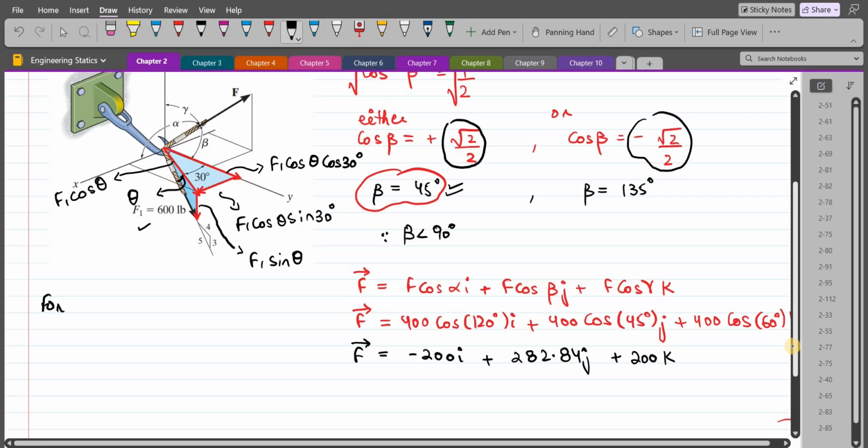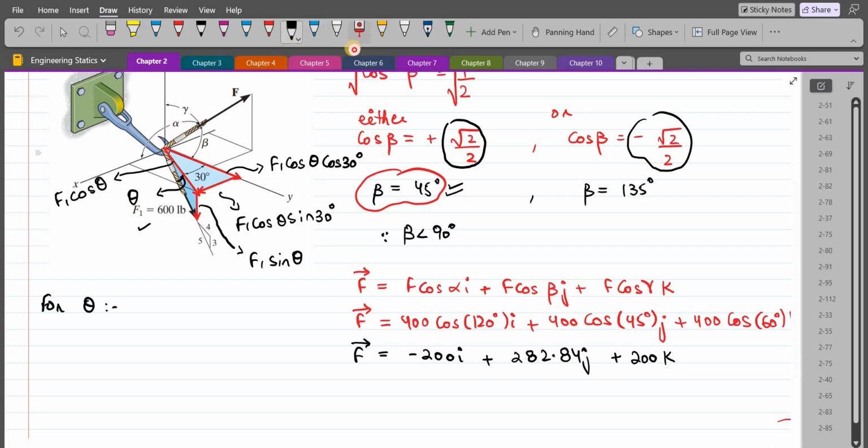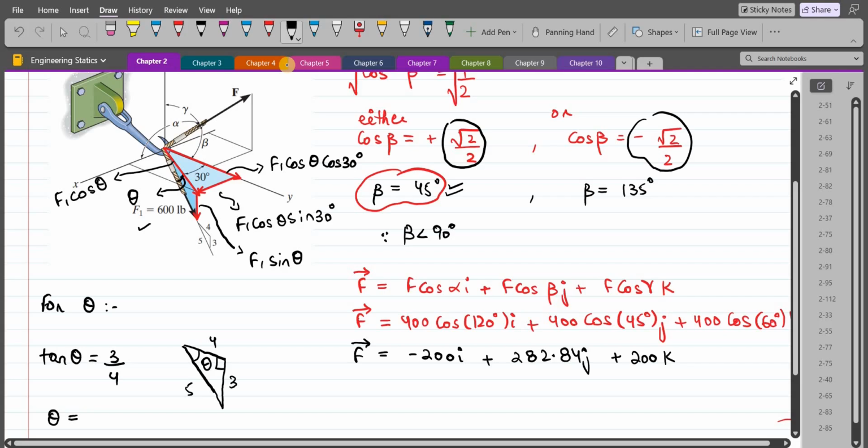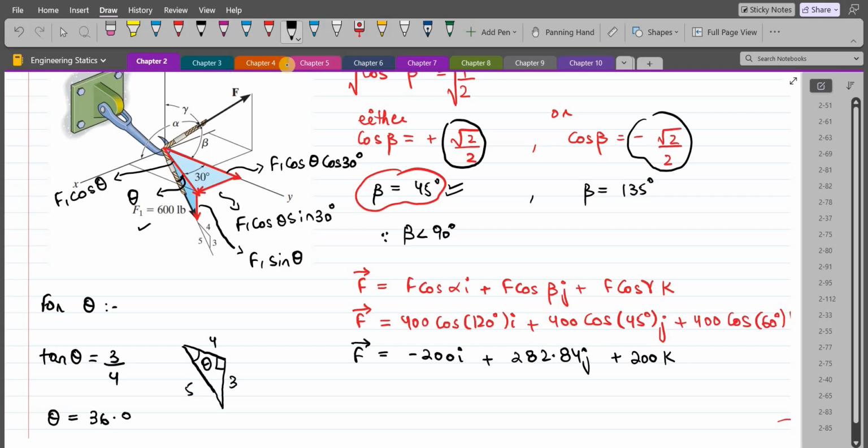For theta, we can consider this 3, 4, 5 triangle. It may not look like a right angle triangle, but this is a right angle triangle, and this angle is theta that we have to calculate. For theta, we can do opposite, which is 3, over the adjacent, which is 4. So from here, theta comes out to be 36.87 degrees.